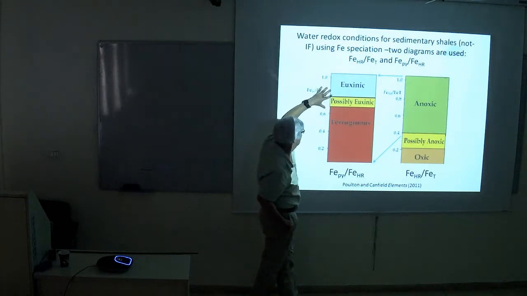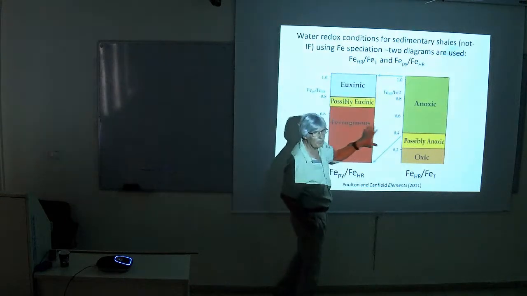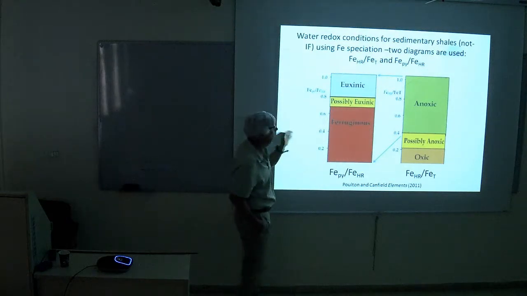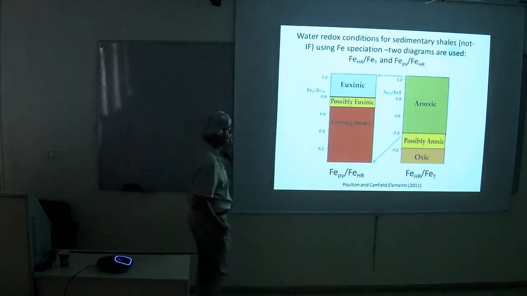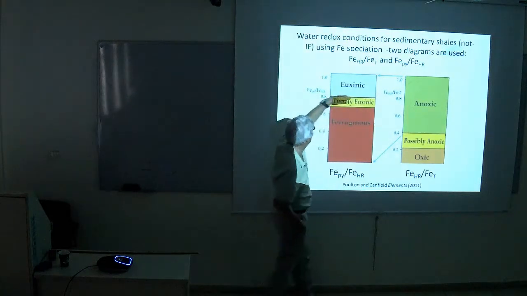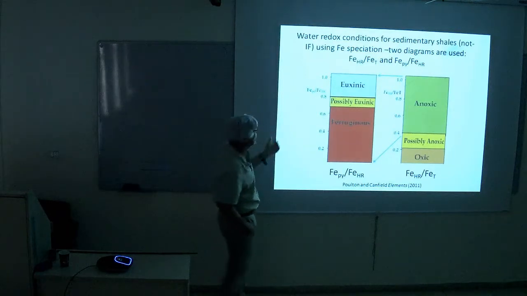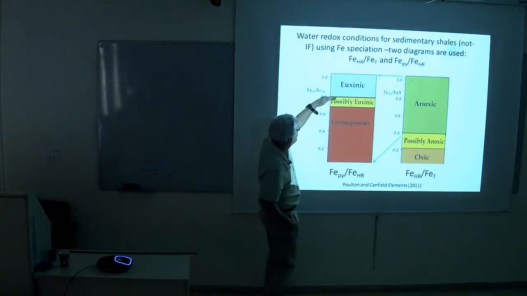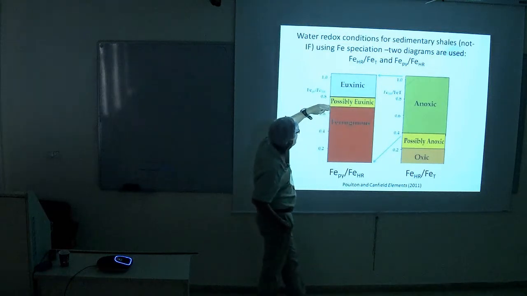Now, all these calibrations were empirical. They were based on the rock record, and a lot on the Black Sea, which is a euxinic sea. This figure of 0.8 was developed from the Black Sea, and this is what was used by Canfield, Poulton, and others in all their investigations of the ancient oceans. Later work showed that you may lower this boundary to about 0.7.